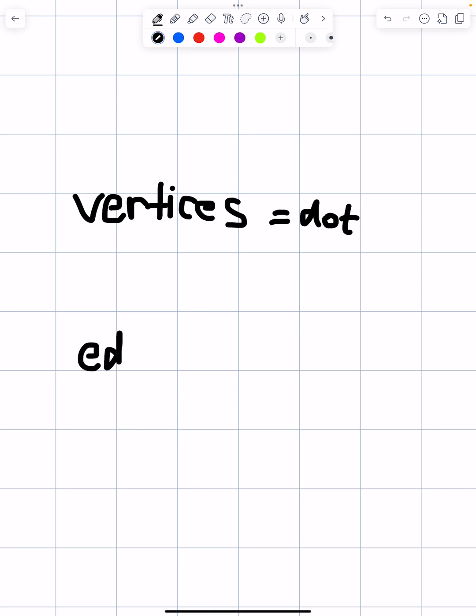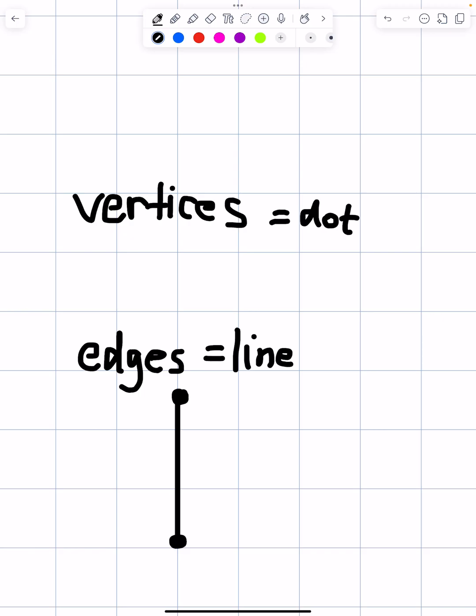What do we mean by edges? Edges equals a line, a line that's connected by two vertices. Now, vertices connect edges. There can be multiple edges connected to a vertex.